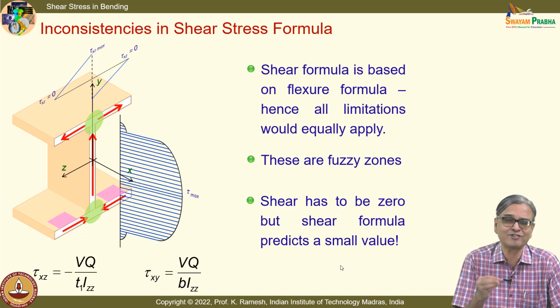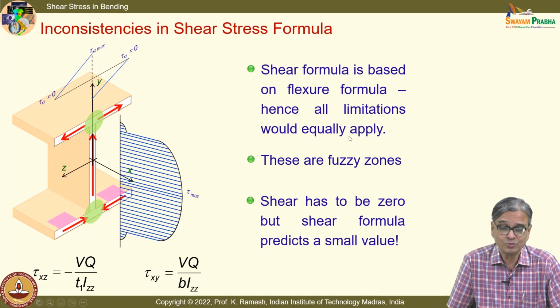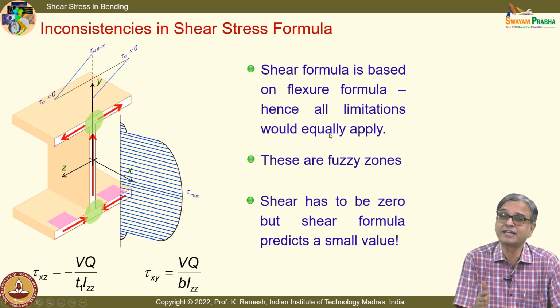How do I resolve the contradiction from an engineering point of view? We have already seen the magnitudes of shear stress are much smaller, at least 20 times in the case of a rectangular cross section. So, if I have a slender beam, that is what it says, you have to apply all this to a slender beam. The shear formula is based on the flexure formula, with whatever limitations.